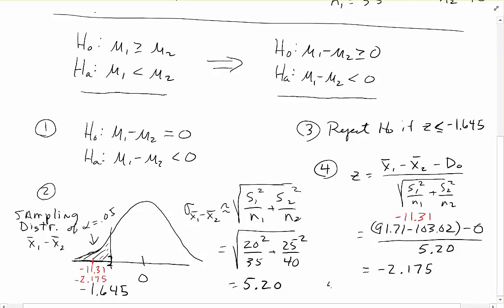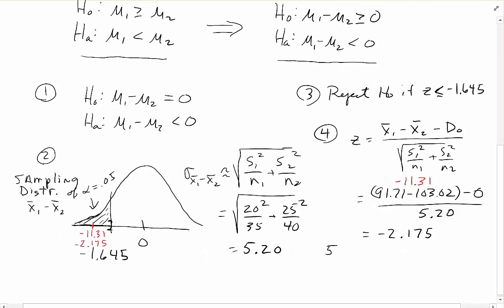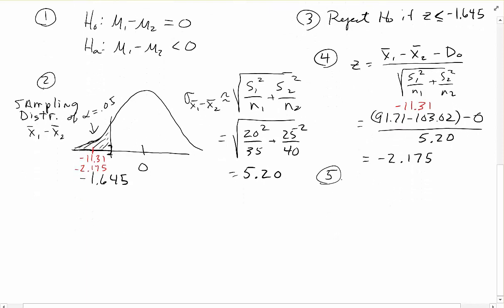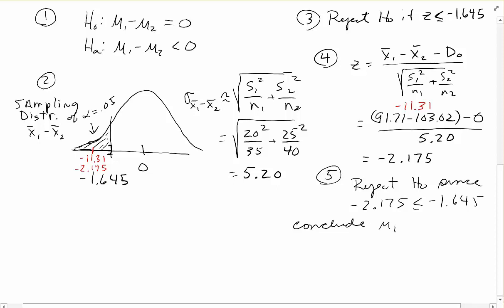And I would conclude in step 5 to reject H sub 0 since negative 2.175 is less than or equal to negative 1.645. I'm rejecting the null hypothesis, and I would conclude that mu1 minus mu2 is less than 0, which means that mu1 is less than mu2.